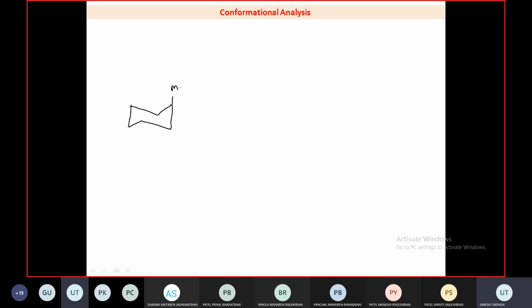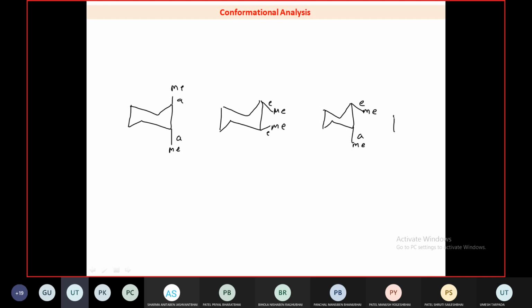Two similar groups, methyl groups. In one, both methyl groups are at axial. In another, both methyl groups are at equatorial. And in the others, one group is at equatorial and one group is at axial.